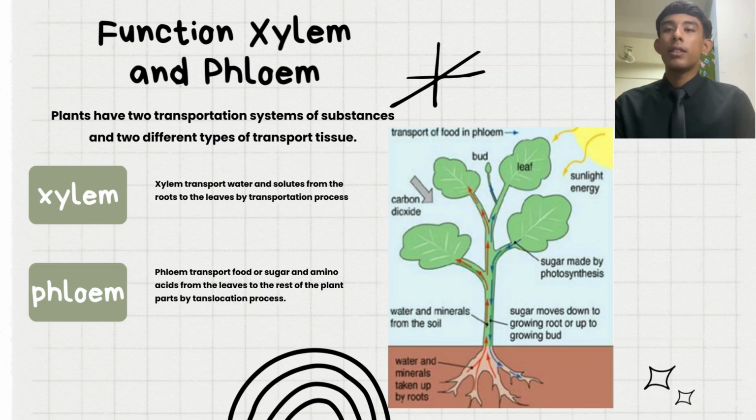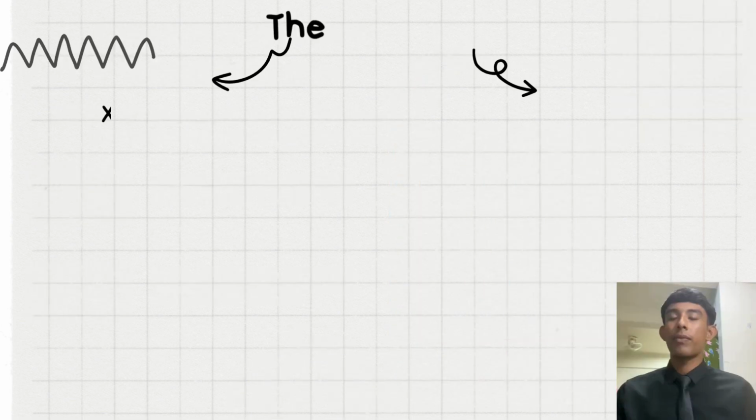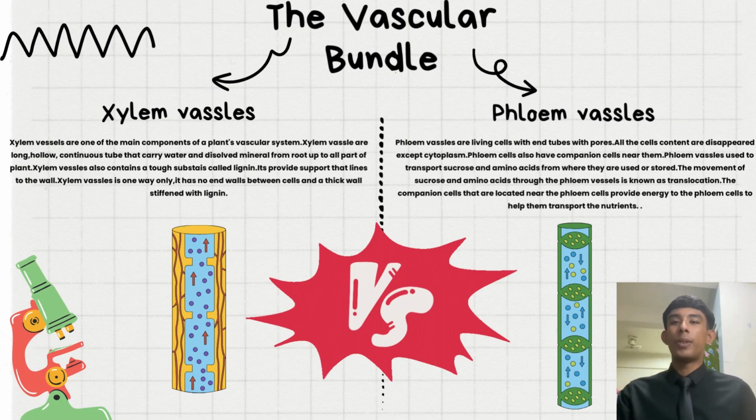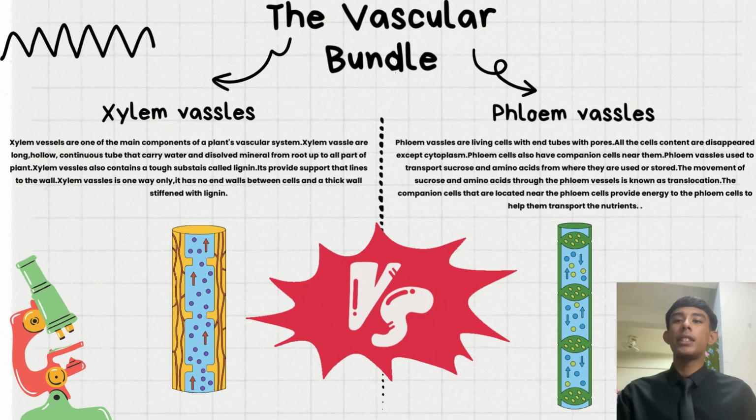This sugar is made by the photosynthesis process. Transportation and transpiration need a main component to make the process run successfully. The main component is the vascular bundle.